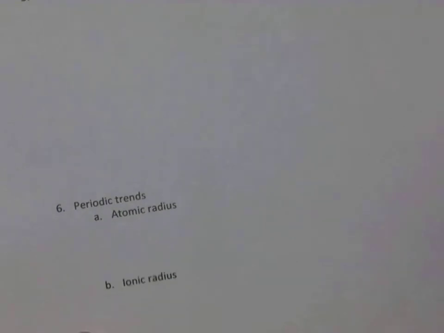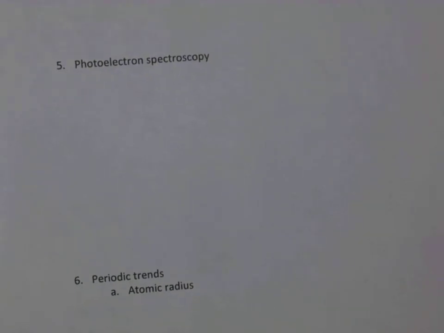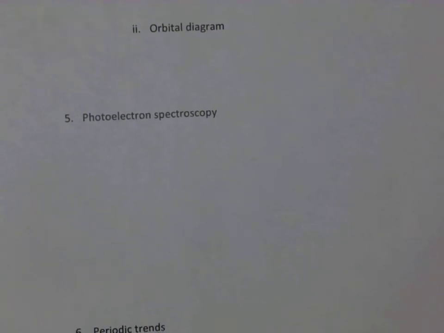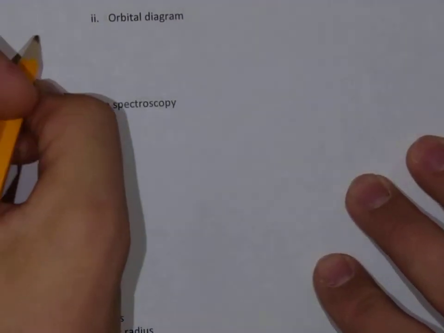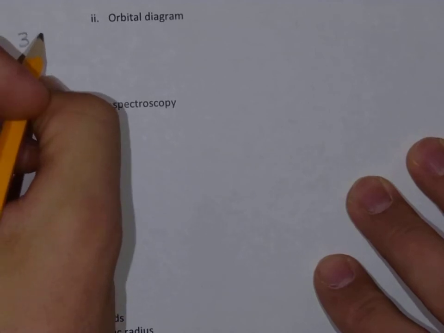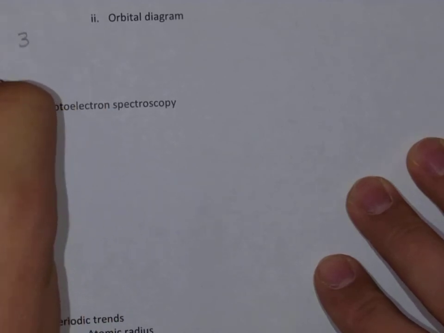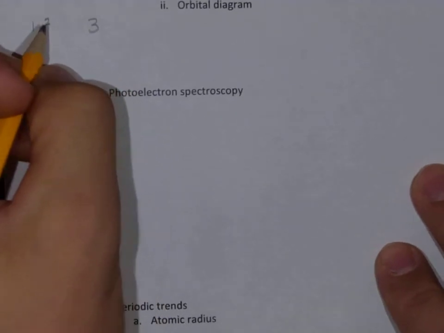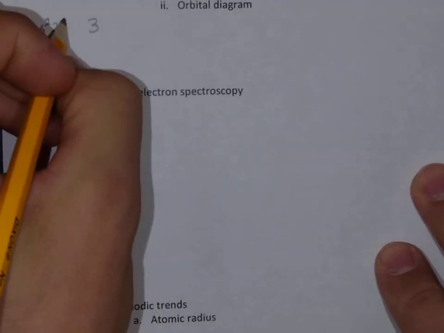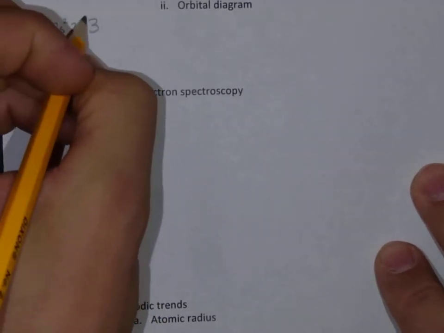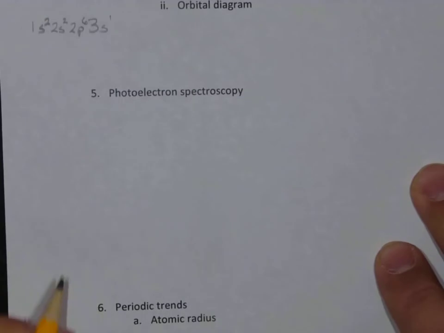I can also use orbital diagrams. So let's get this all lined up here. If I have an orbital diagram, I'm going to say again that I have 1s2, 2s2, 2p6, 3s1.